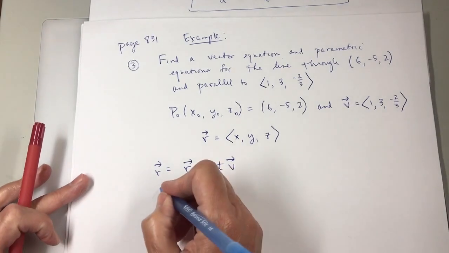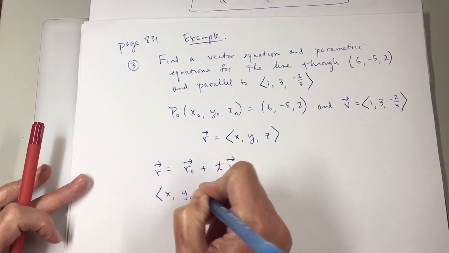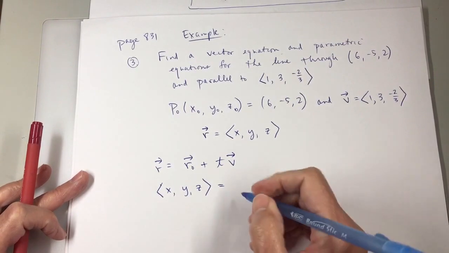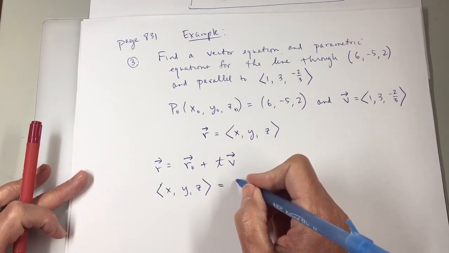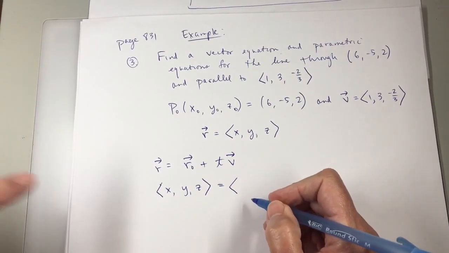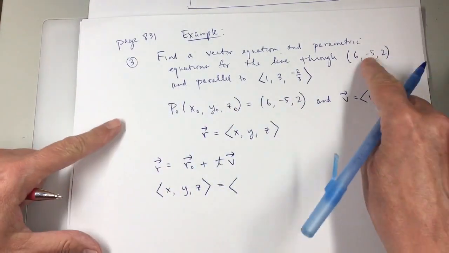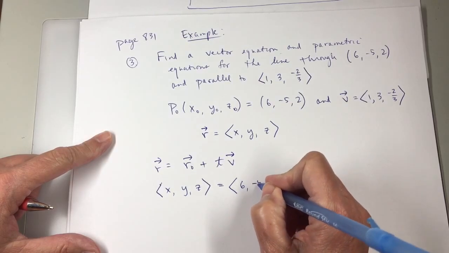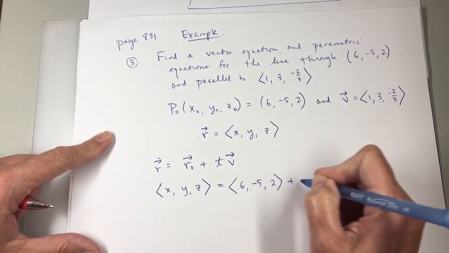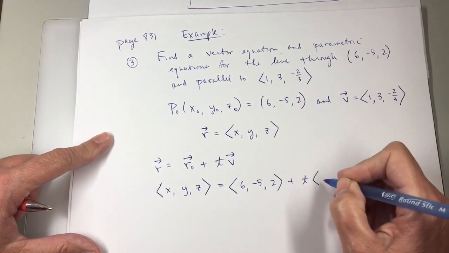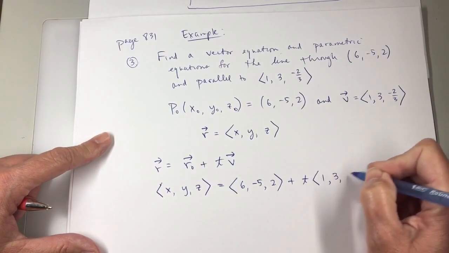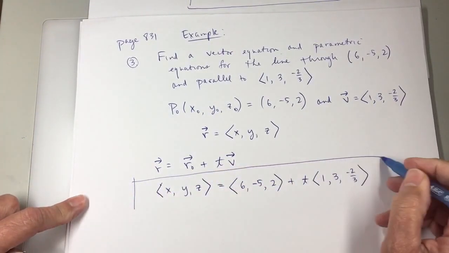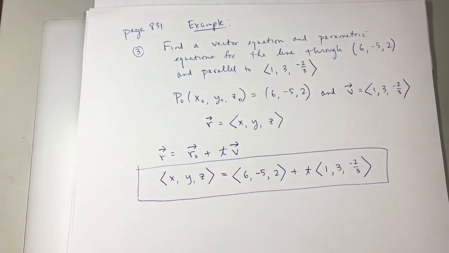So I'm going to end up with vector x, y, z equals vector r sub 0, that's the position vector that has the point as a terminal point. So that's vector 6, negative 5, 2, plus t times vector v, 1, 3, negative 2/3. There's the vector equation for the line.